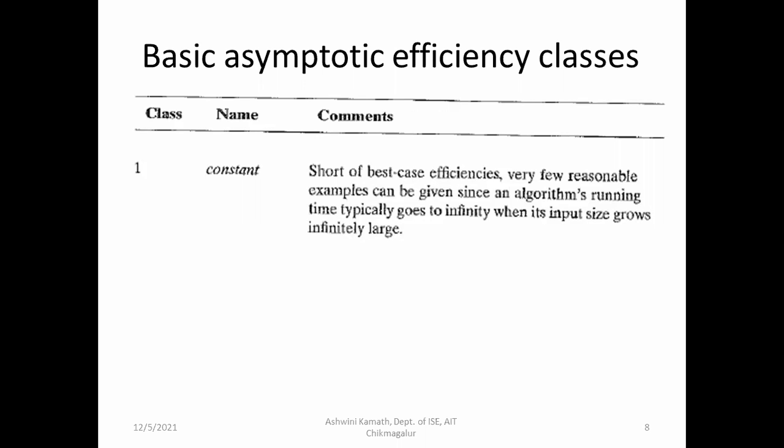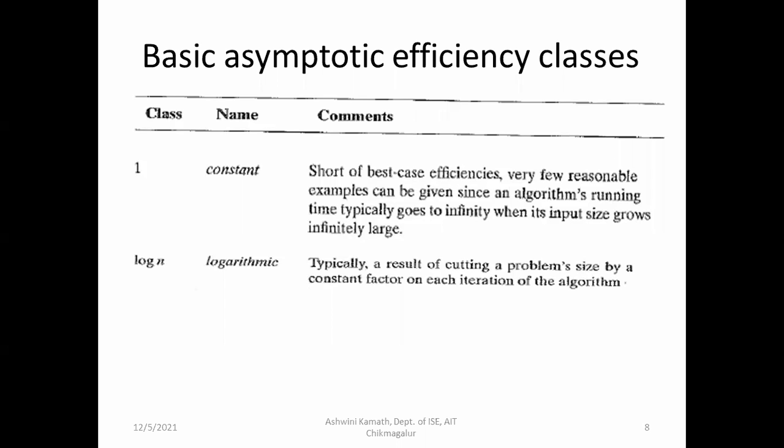Very few examples can be given, since an algorithm's running time typically goes to infinity when its input size grows infinitely large. When n increases rapidly, it is very difficult to get this efficiency. This is usually for very small examples with small input values.